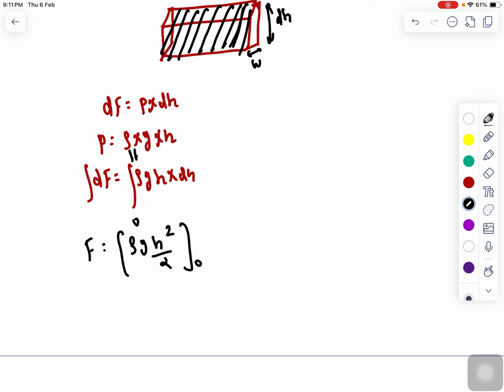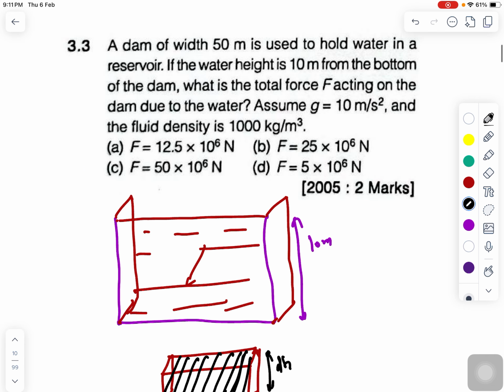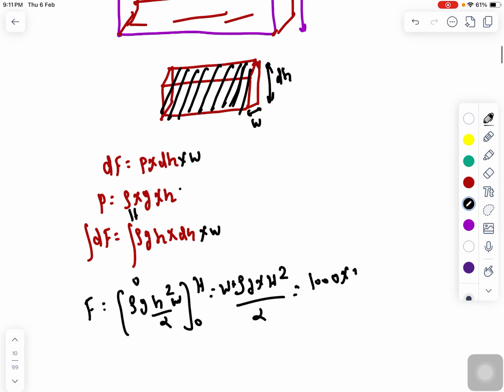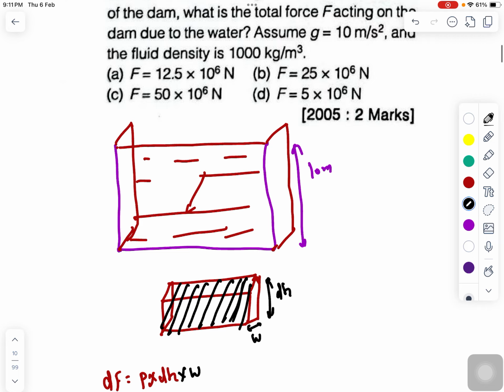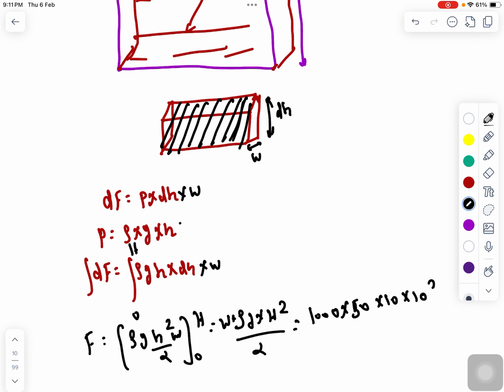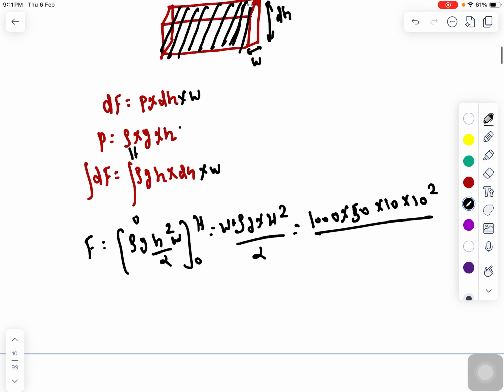Density is 1000, and w is given to you, that is 50 meters. So 50 times g times 10 squared, divided by 2.